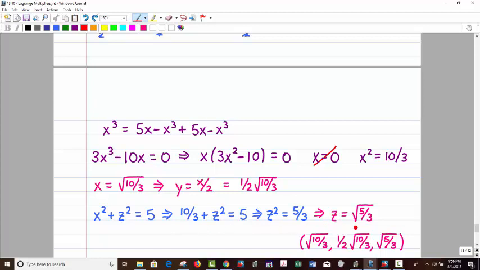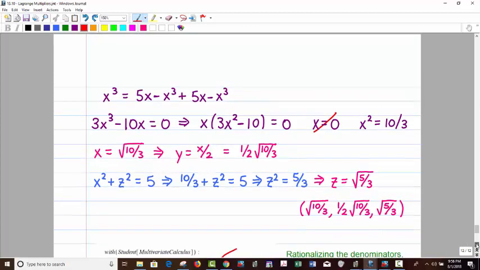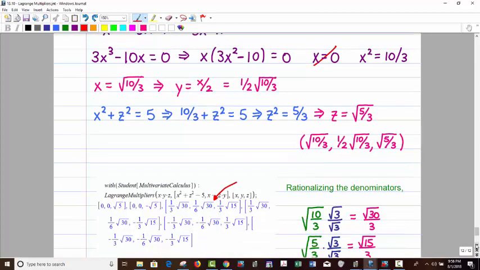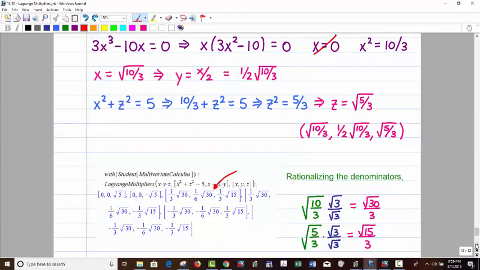So z equals the square root of 5/3. So here's that answer. I put this in the Lagrange multiplier. Of course, they rationalize their radicals, which I'm showing here, but my answer is equivalent to theirs. It just looks different, but it's the same as this answer right here.